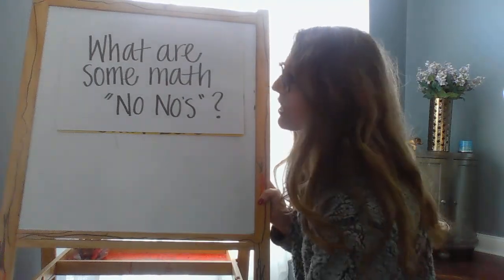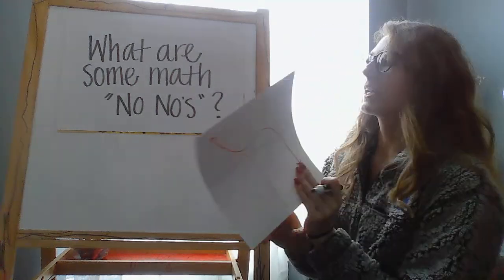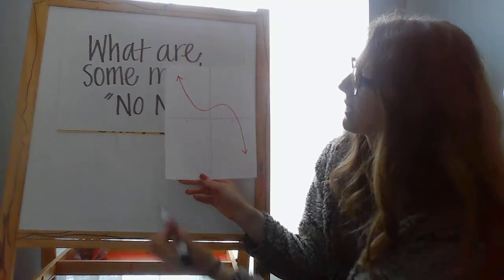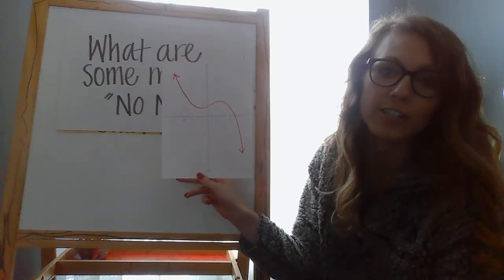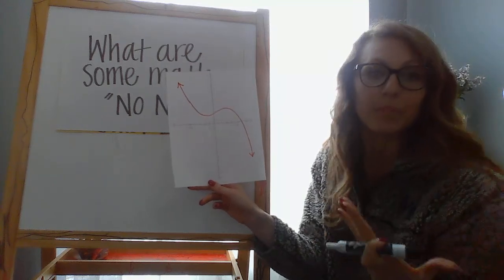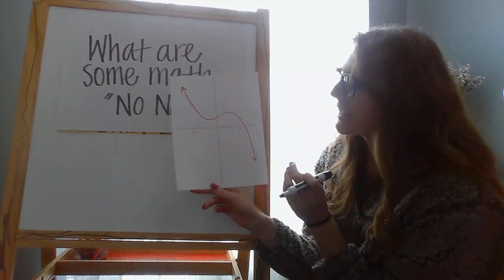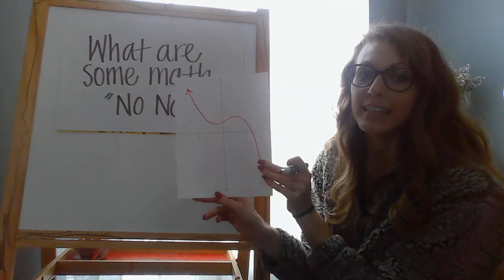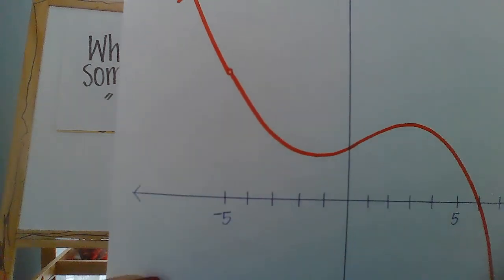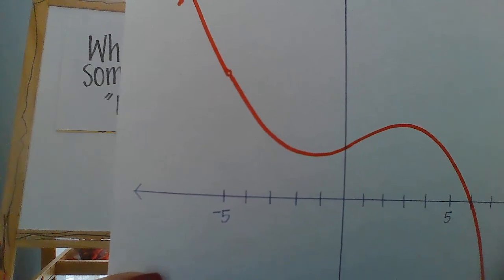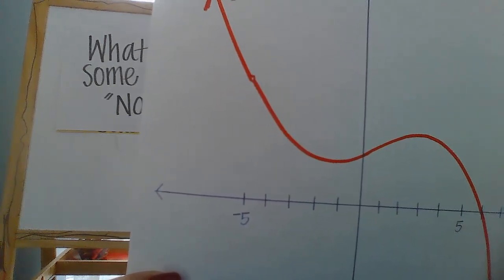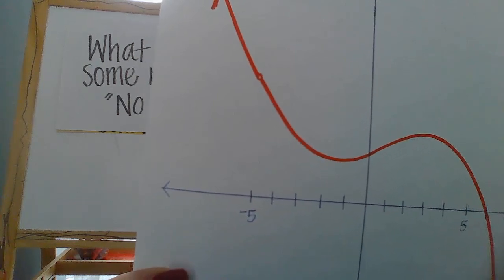Now, what does that look like on a graph? When we are talking about functions, those have graphs, so we might be looking at some function like this. This looks like some sort of maybe cubic function that we have, and when we first look at it, it just looks like it goes on and on forever in both directions. But if we look really closely, okay, I'm going to zoom in again here. If we get really close, do you see right above where the x value is -5 that there's like this little tiny hole in the graph?